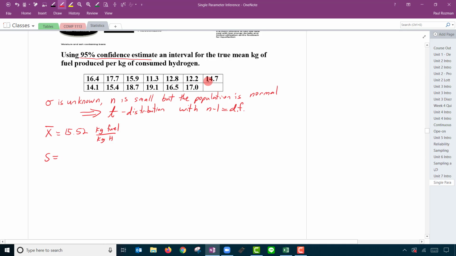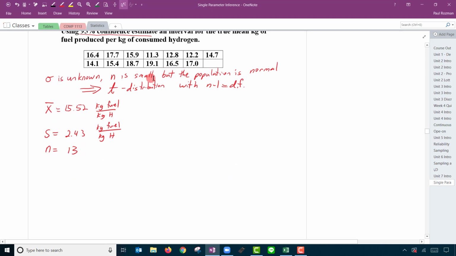We've only studied 13 things. It is 2.43 kilograms of fuel per kilogram of hydrogen. And just so we don't forget, n was 13. That's why, when I said it was small, it was under 30.